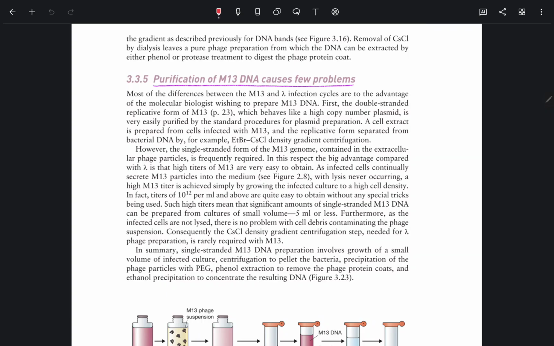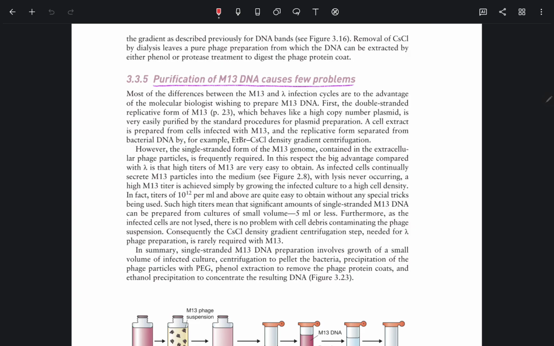Purification of M13 DNA causes few problems. Most of the differences between the M13 and lambda infection cycles are two advantages to the molecular biologist wishing to prepare M13 DNA. First, the double-stranded replicative form of M13, which behaves like a high copy number plasmid, is very easily purified by the standard procedure for plasmid preparation.